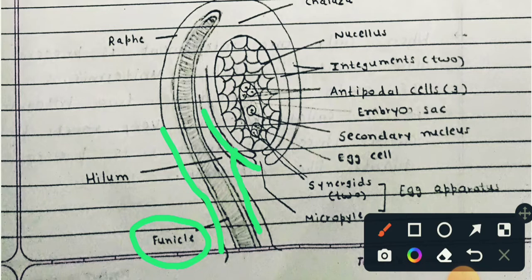The other structure is the point of attachment. In this figure you can see the point by which the ovule and the funicle, the slender stalk-like structure, are attached with each other; it is called as hilum.